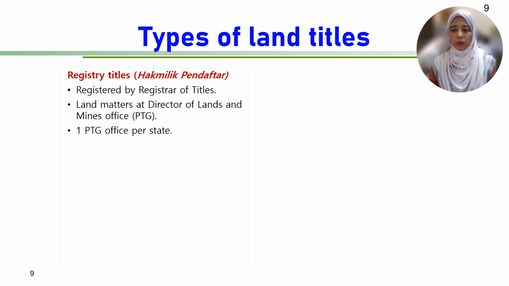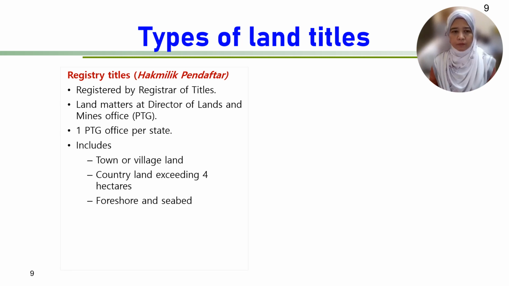Okay, so normally the PTG is located at the capital of the state. For instance, for Terengganu, Kuala Terengganu; for Pahang, Kuantan; for Johor, Johor Bahru, and so on. Okay, for Selangor, Shah Alam, and so on.